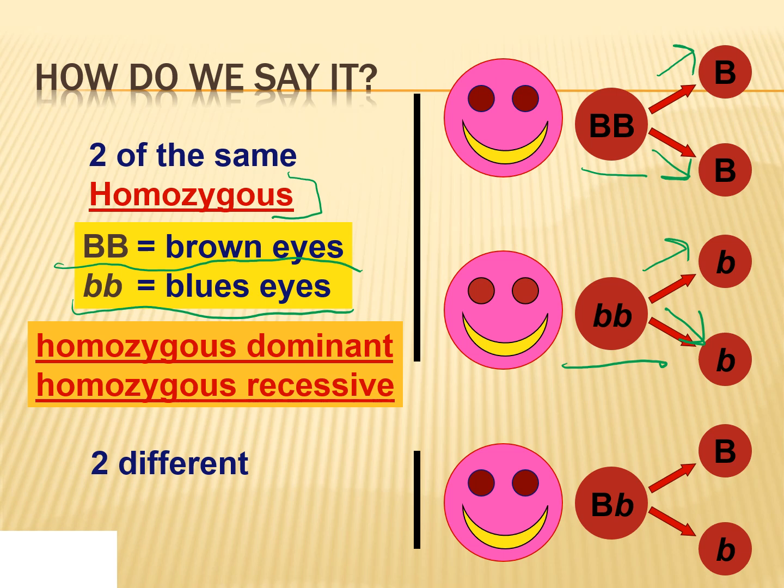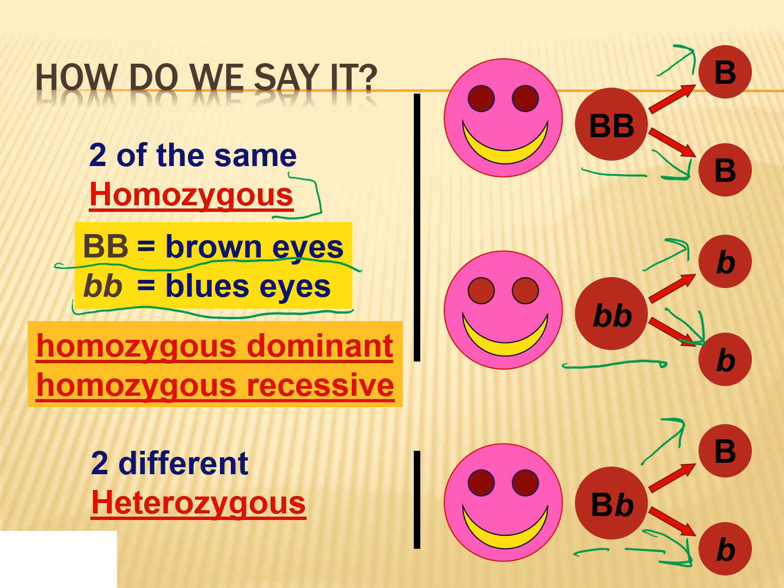If you are heterozygous, that means you have one dominant allele and one recessive allele. So half of your gametes would get the brown allele and half would get the blue allele. So homozygous dominant has two dominant alleles. Homozygous recessive has two recessive alleles, and heterozygous has one of each.